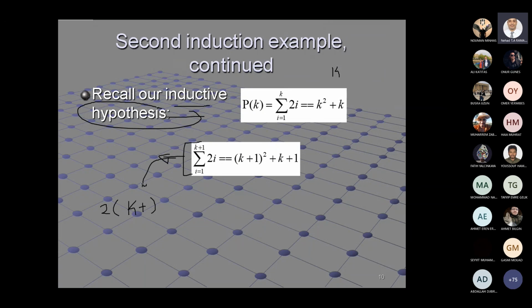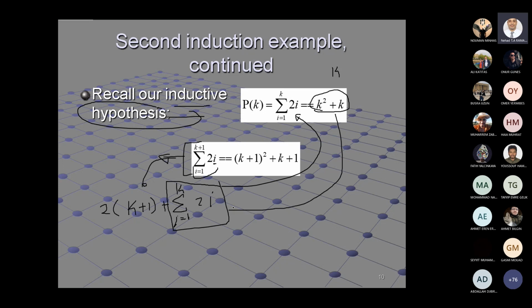We write this one as, instead of i, the term k plus 1: 2 multiplied by k plus 1. All this plus the summation. What is still in the summation? We take one term, k plus 1, so we still have the summation from i equal 1 to k of 2i. Now, look at this one. It's here, so we have the left side, and we can take the right side instead of it.